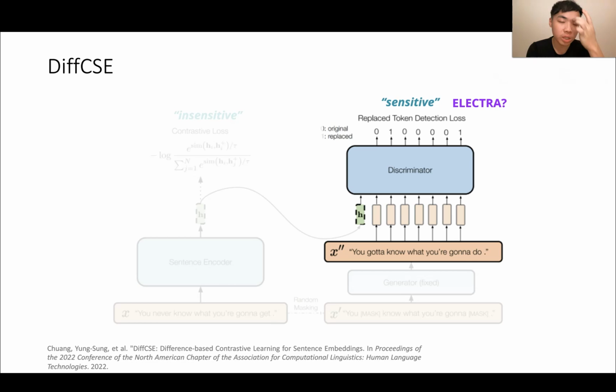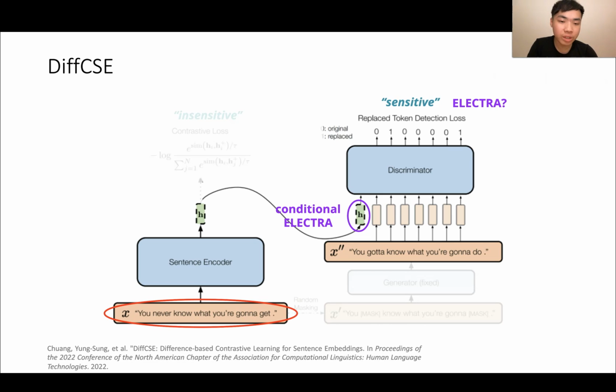The model on the right-hand side is very similar to the ELECTRA model. It's also a generator and discriminator. But a huge difference here is that the discriminator is conditioned on the sentence embedding produced by the sentence encoder. And the gradient of the discriminator can be backpropagated into the sentence encoder. So the sentence encoder will try to compress the original information as much as possible to help the discriminator distinguish the difference between the original input and the modified input.